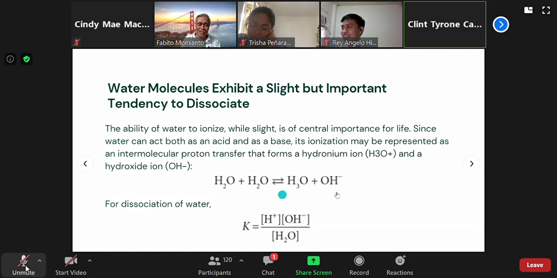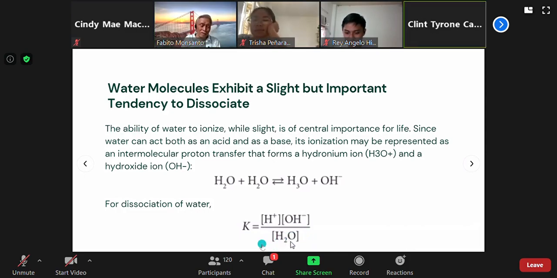So this is the dissociation of water here, and it's a constant. The dissociation constant of water is the hydrogen ion concentration times the hydroxyl ion concentration divided by the concentration of water.